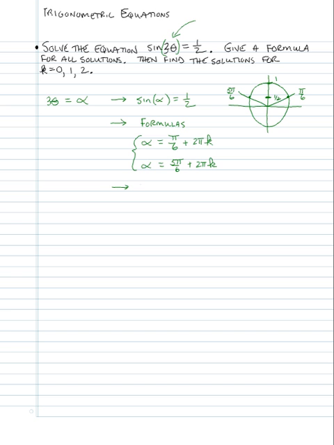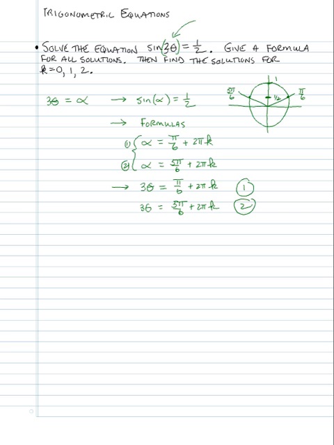So if I call this one the first formula and this one the second formula, then for the first formula, if I go back and put in 3 theta for the alpha that I temporarily had there, then I've got 3 theta is pi over 6 plus 2 pi k. And the second formula ends up being 3 theta is equal to 5 pi over 6 plus 2 pi times k.